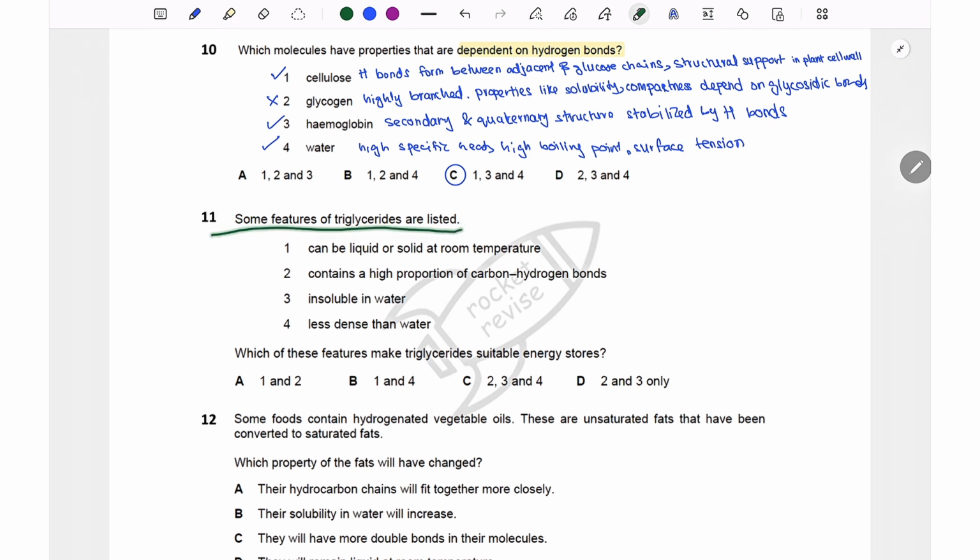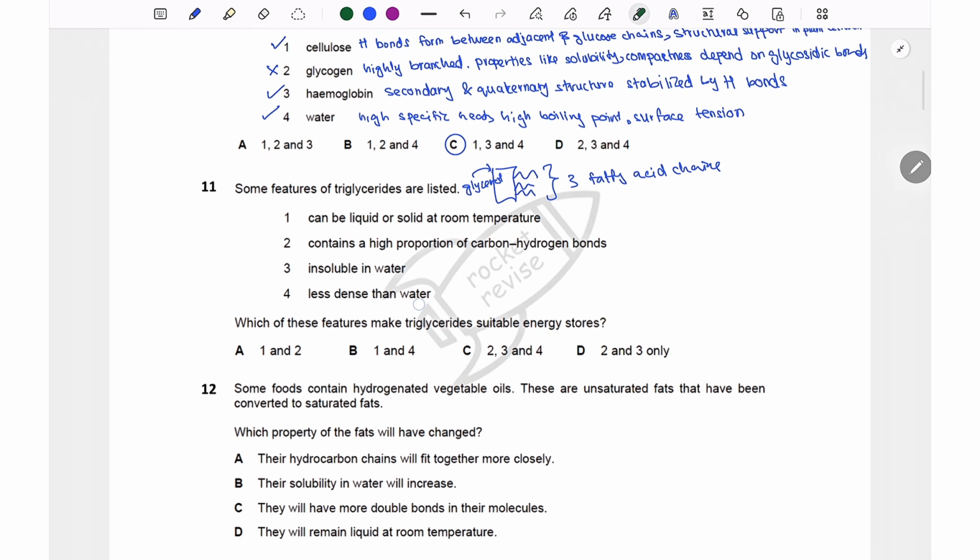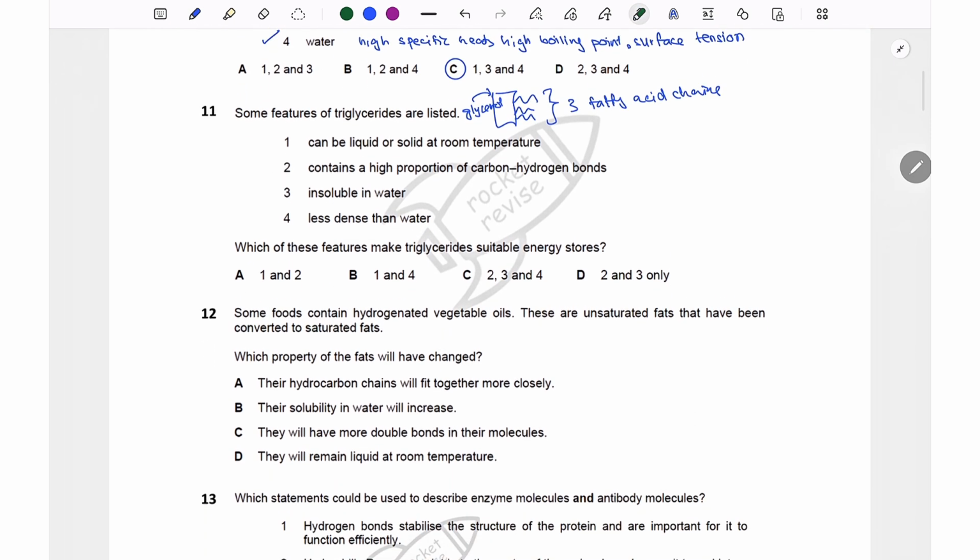Some features of triglycerides are listed. By the way, a triglyceride is going to have a glycerol and 3 fatty acid chains. Which of these features make triglycerides suitable energy stores?